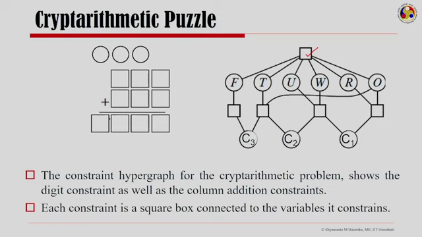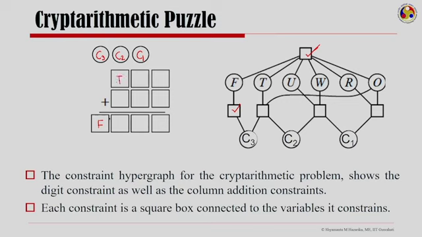The constraint that all of them need to be different digits is coming from this square box. If this is the carryover C1, carryover C2 and carryover C3, this was F. So, the constraint between F and C3 is coming here. C3 and F have a constraint.